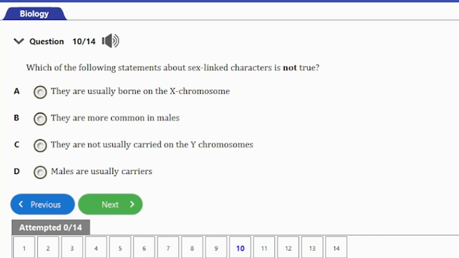So actually, a carrier is an individual who has one copy of a recessive allele that causes a genetic disease in individuals that are homozygous for the allele. So, like we said, males cannot be carriers of a sex-linked character.